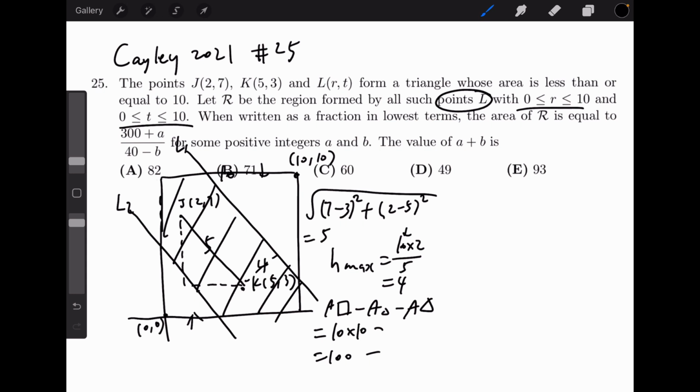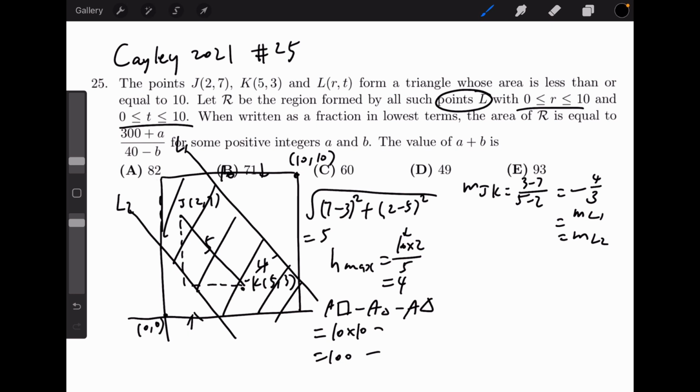The first thing we can get is their slope, because they're parallel to line JK. And the slope of line JK is (3 minus 7) over (5 minus 2), which gives us negative 4 over 3. Therefore, the slope for L1 and L2 is also negative 4 over 3.